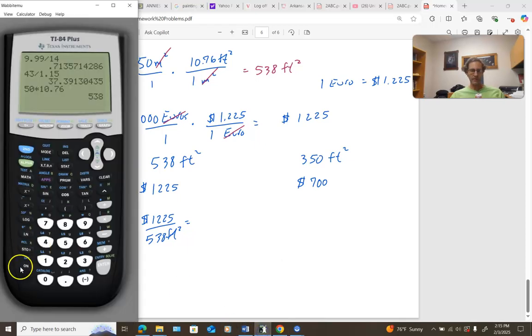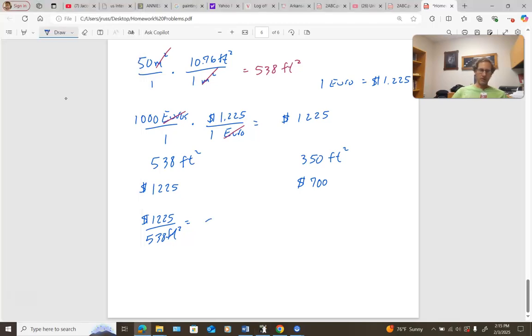So let me get my calculator again. Okay, so 1,225 divided by 538 square feet. And I'm going to round to the nearest cent, which is the hundredths place, so this would be 2.28, or in other words, $2.28 per square foot. That's for Monte Carlo.